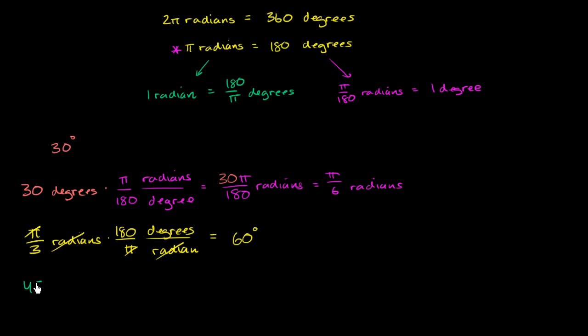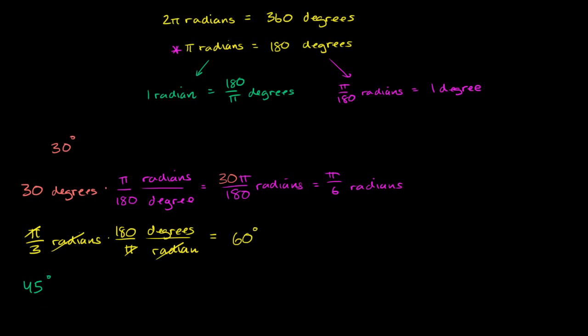Now let's think about 45 degrees. And I'll write it like that just so you can figure it out with that notation as well. How many radians will this be equal to? Well, once again, we're going to want to think about how many radians we have per degree.